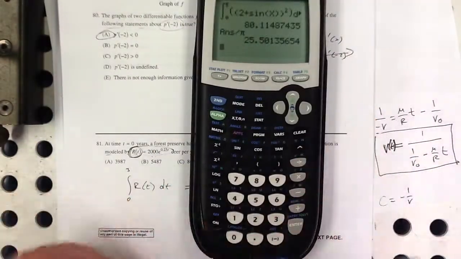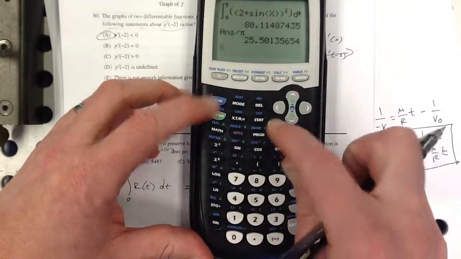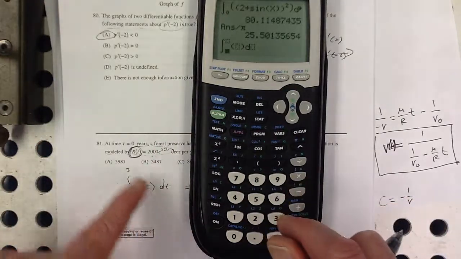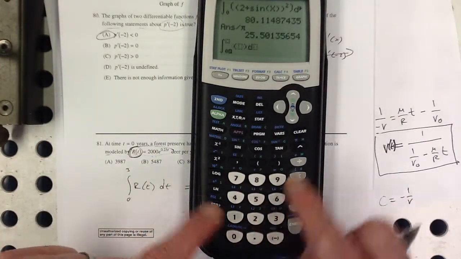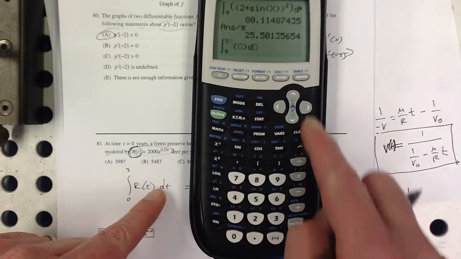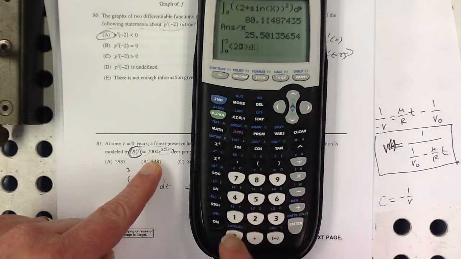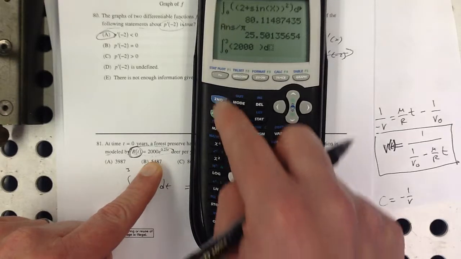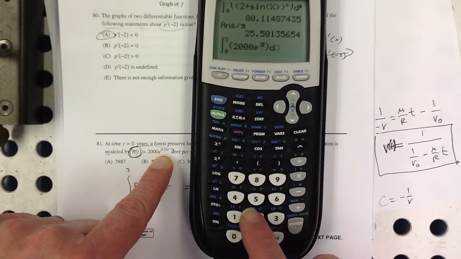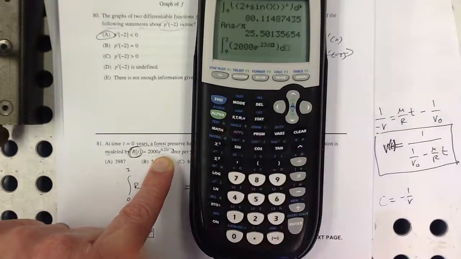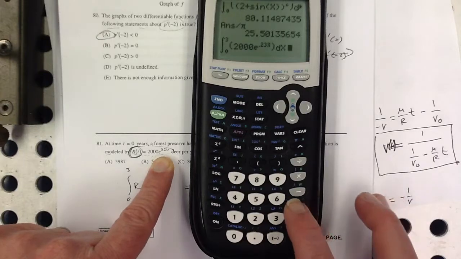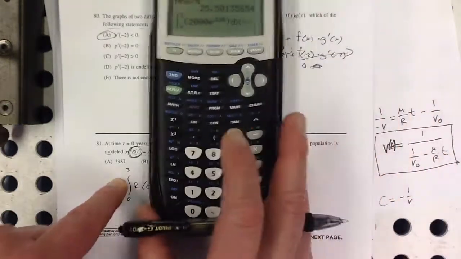Fundamental theorem. Alright, so let's set that up. So I got math, 9. So I need to do from 0 to 3 of the function 2000 e to the 0.23 x, and then I need to add that 1,500.